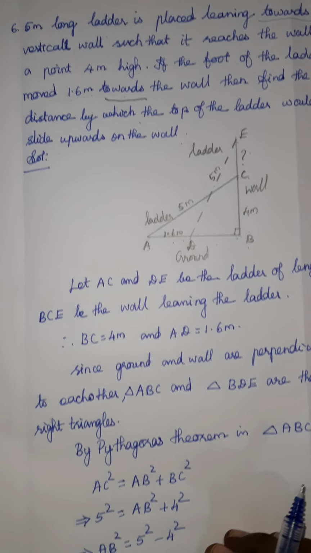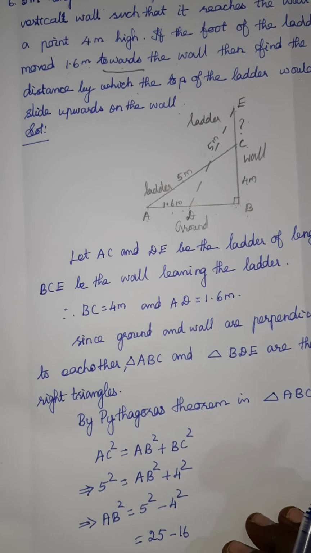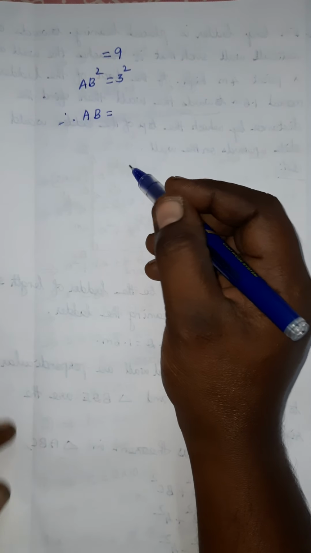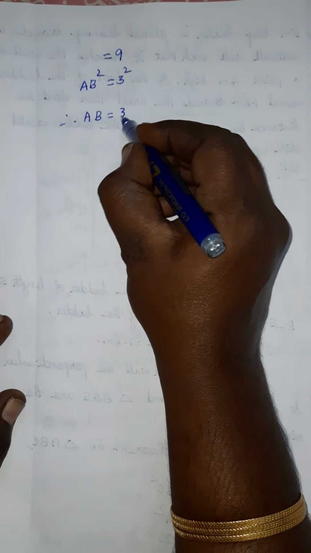What is 25 minus 16? It is 9, that is 3 square value. So AB square is equal to 3 square. Therefore what is AB? Plus 3 or minus 3. But AB is a distance, so we can write 3.